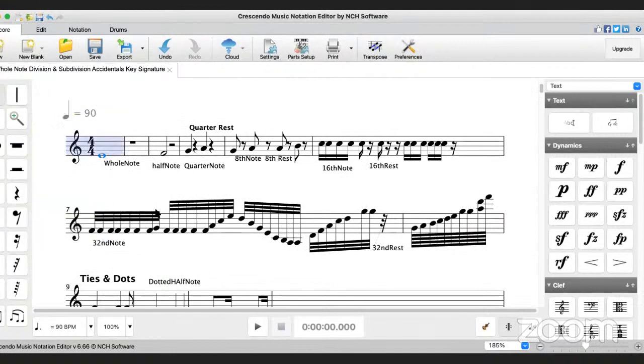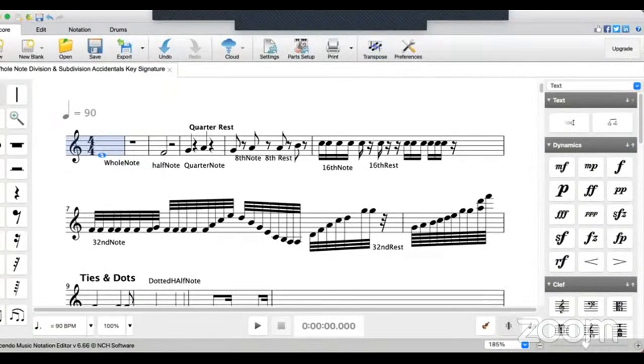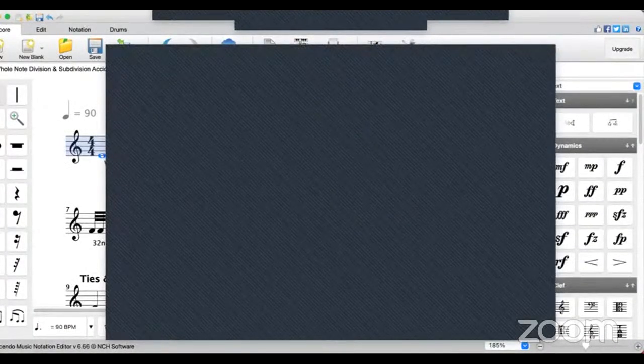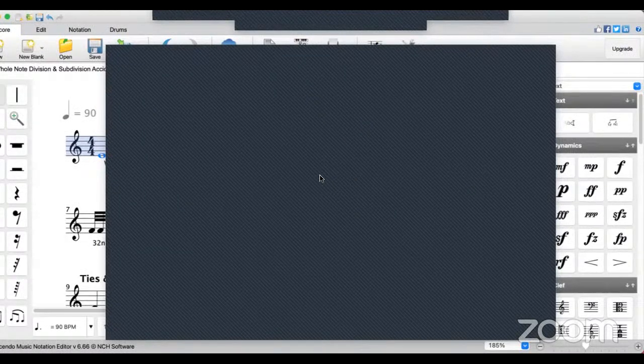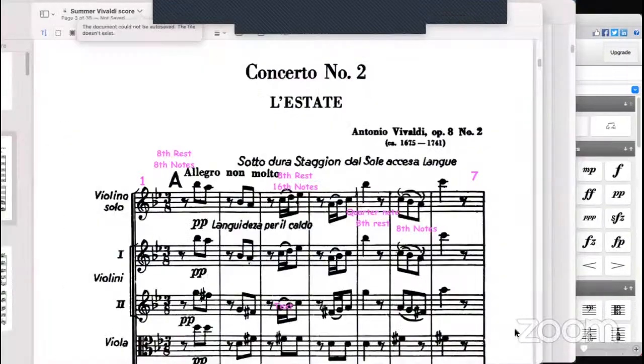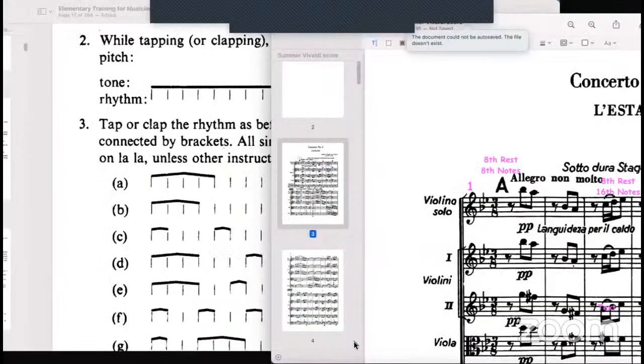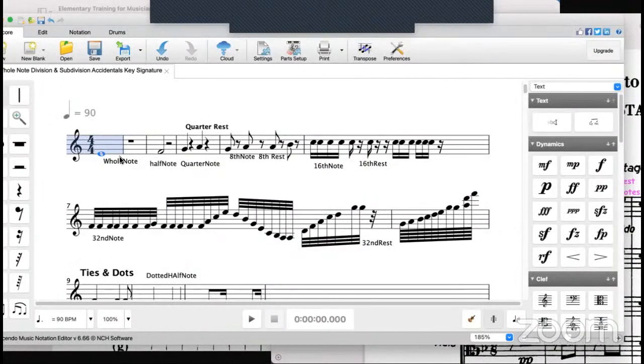Let's do an exercise here. Let me see if we can make sure that our reference here is going to be the quarter note.